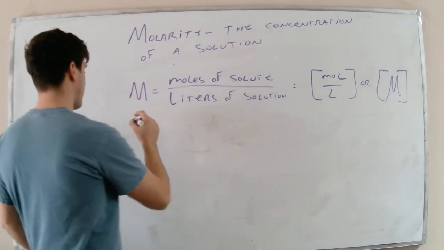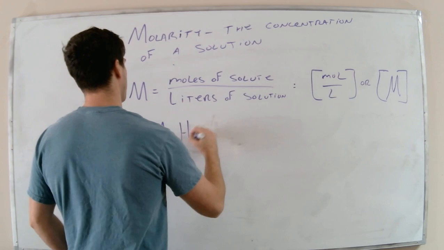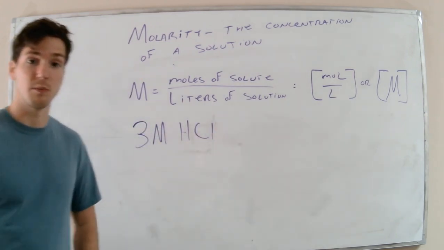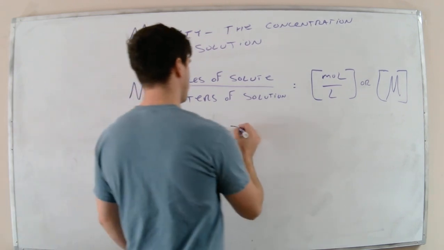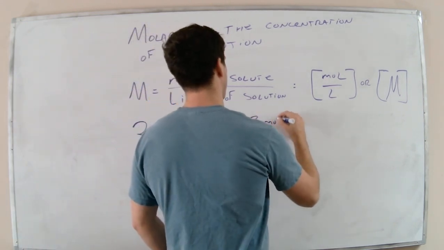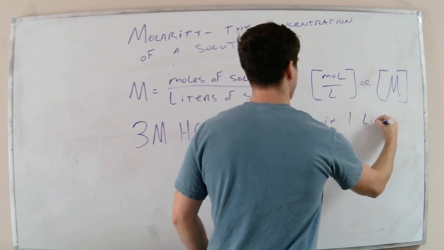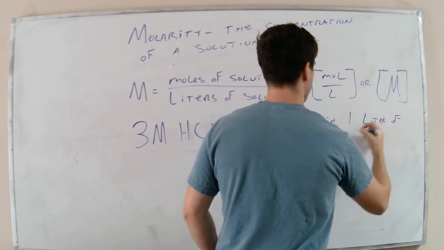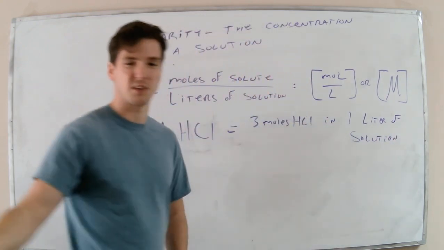Something you might see in lab is 3 molar HCl. Well, 3 molar HCl just means that I have 3 moles of hydrochloric acid in 1 liter of solution, which is typically water.